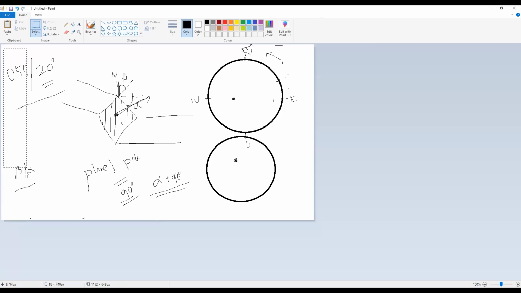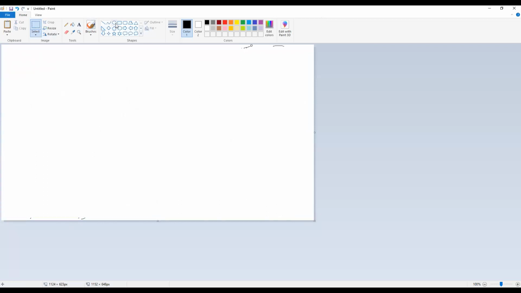Let me show you. This is a stereonet. First, I will show you for a great circle. The great circle is already plotted. So this is north, east, south.